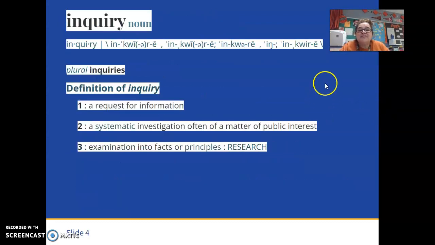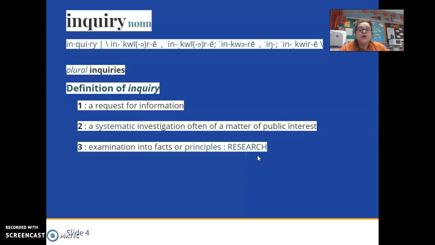So when you look at the definition of inquiry, guys, it's saying a request for information. So I'm trying to get more information about the Civil War, about my physics formulas, about this novel we're reading. It's an investigation of public interest. Yeah, you guys are the public, but it's an examination into facts or principles, research.